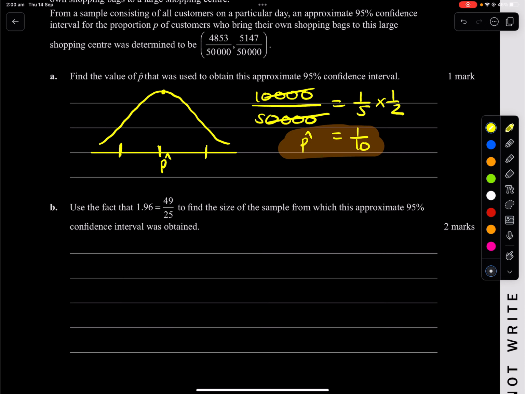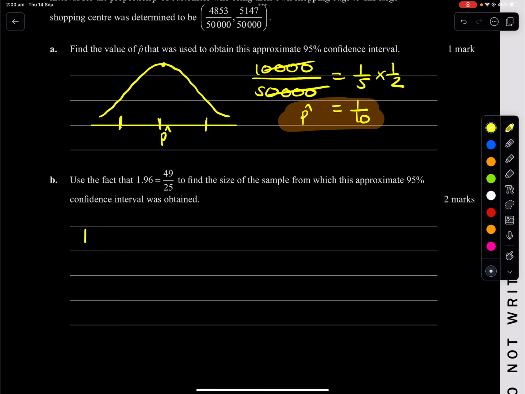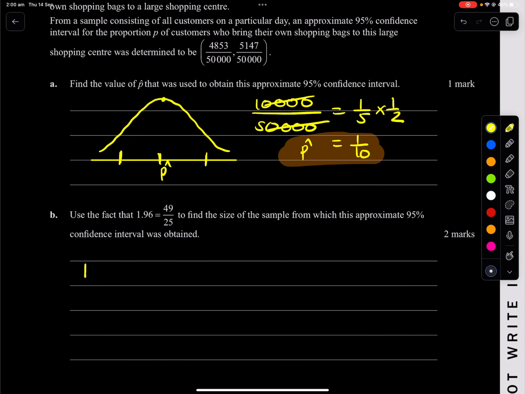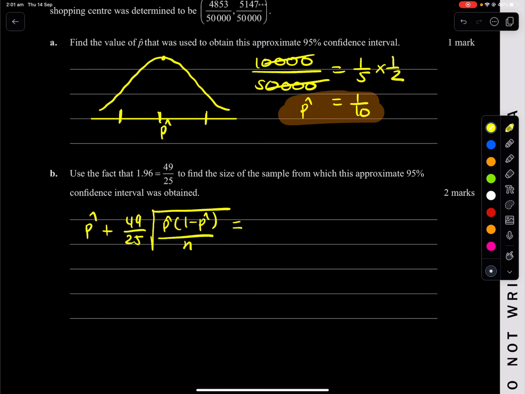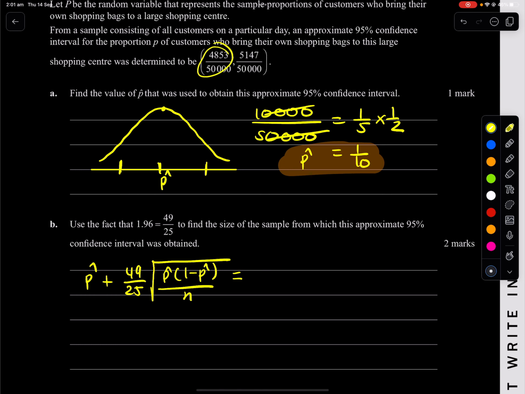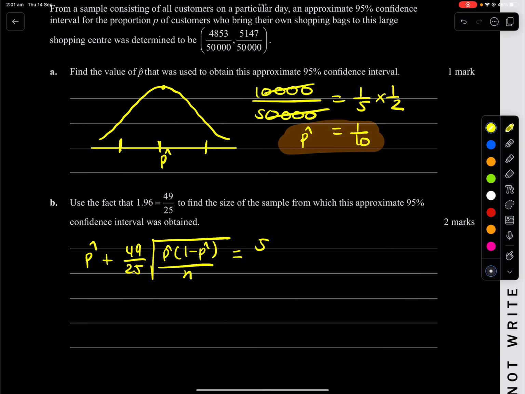We know the interval is P dash plus Z, which is 49 over 25, times the square root of P dash times 1 minus P dash, all over N. We're going to equate this formula to the given interval, using the positive end, which makes life easier.